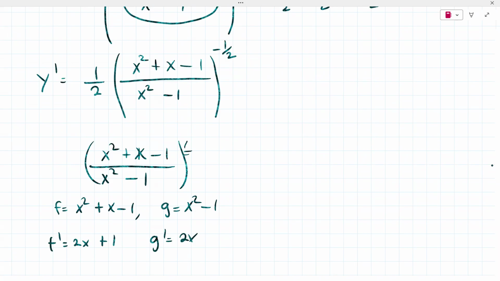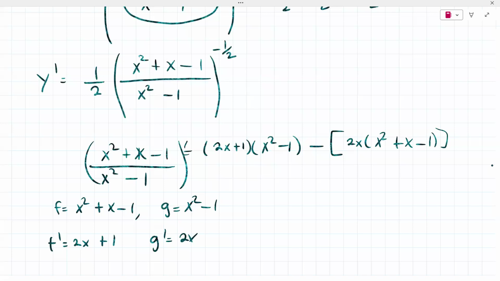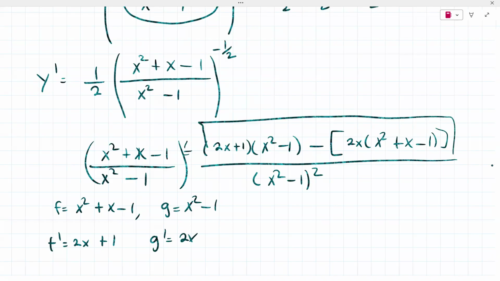So when you do the work, it should give you (2x + 1)(x² - 1) minus [2x(x² + x - 1)] all over g squared. So let me clean this up because I already did this one.